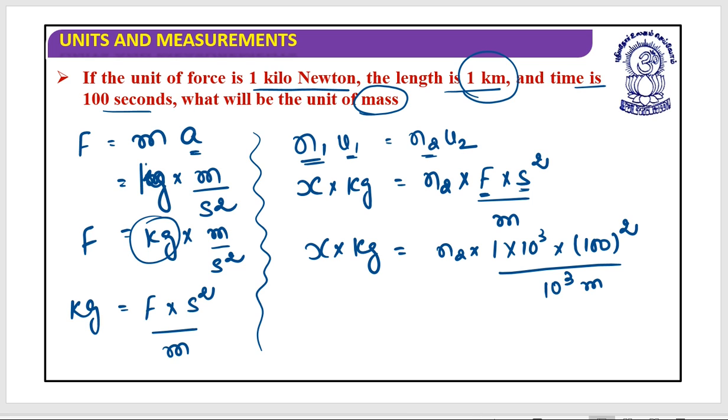And now you need to solve this for x. Can you do it? Please try it and do it on your own. But is it clear? You need to convert the unit of mass. So it is a certain number in kg. Clear?